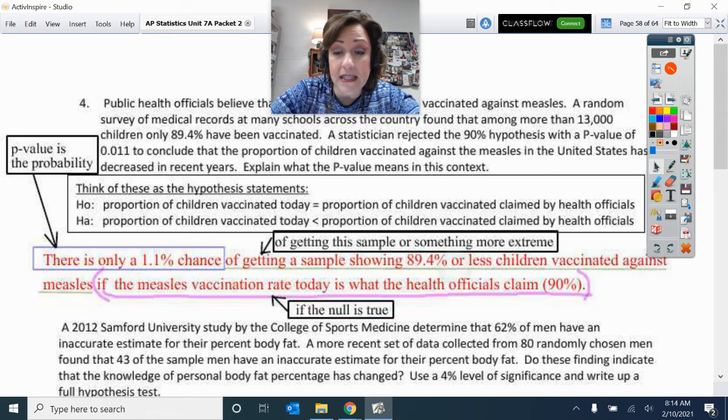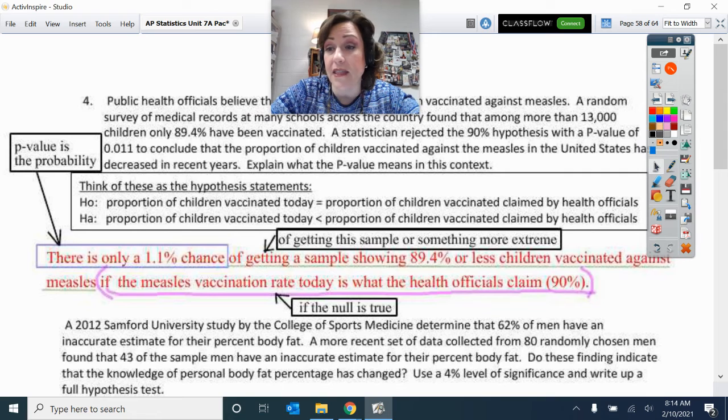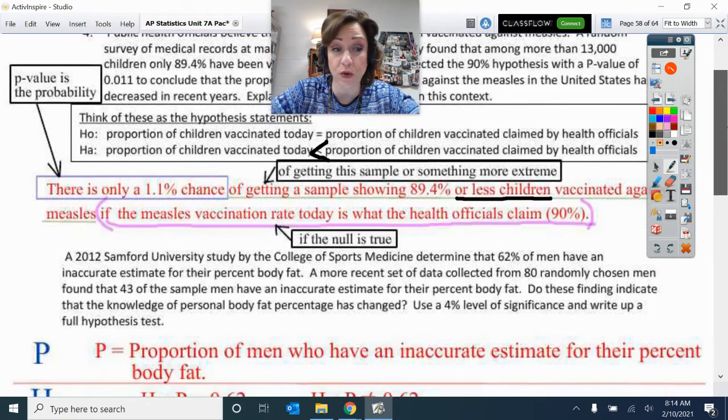See, "or less" is because we think the proportion of children getting vaccinated could be going down. So that's the more extreme direction.